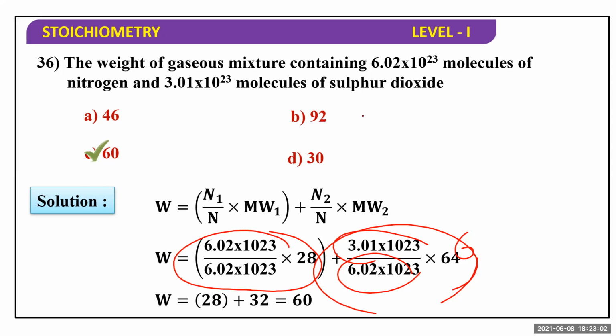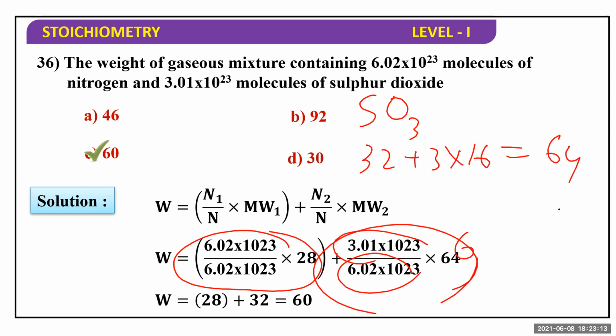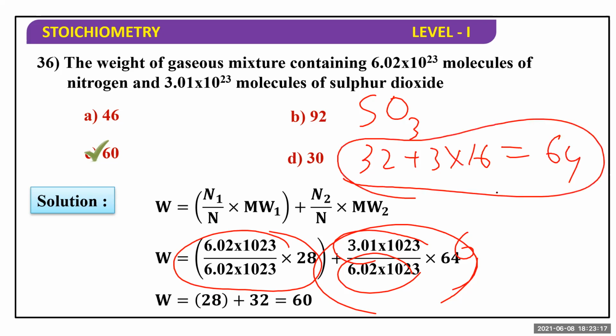Because 1 mole sulfur trioxide equals 32 plus 3 into 16 equals 64 gram. Then half mole is 32 gram. And nitrogen is already 1 mole, it is 28 gram. So total is 60 gram.